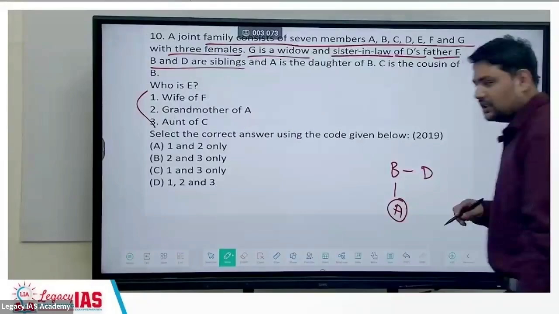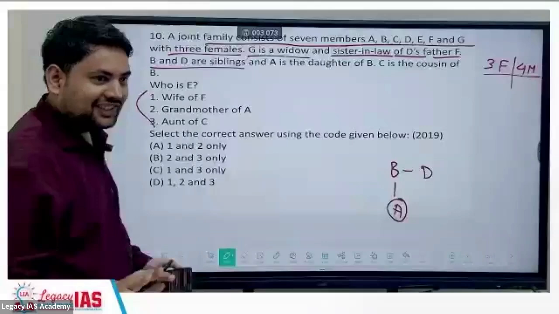No, that's fine. C is D's cousin or spouse, so it should be D's what? D's child. Wait, I'm not done with the diagram.